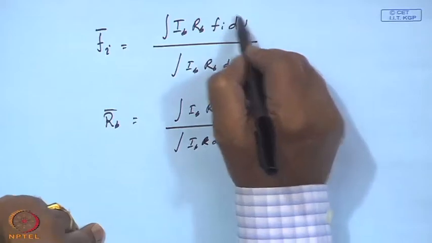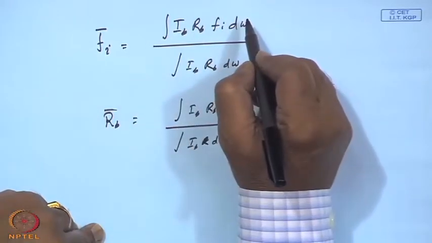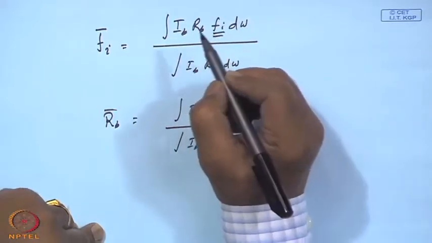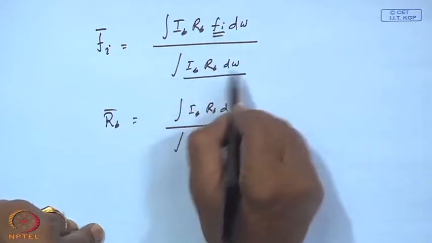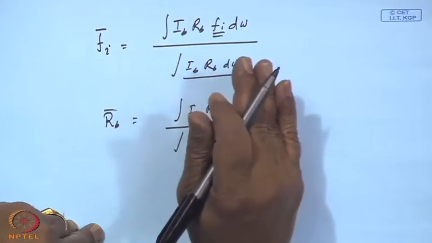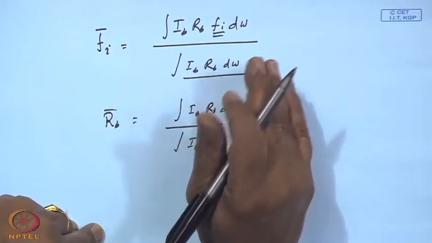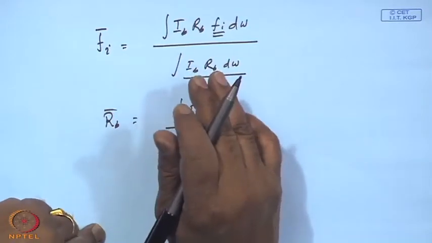This is the total amount of solar radiation falling on the collector, which is shaded by a factor which changes with time, divided by the total solar direct radiation that is likely to fall on the window or the surface if there has been no shading.